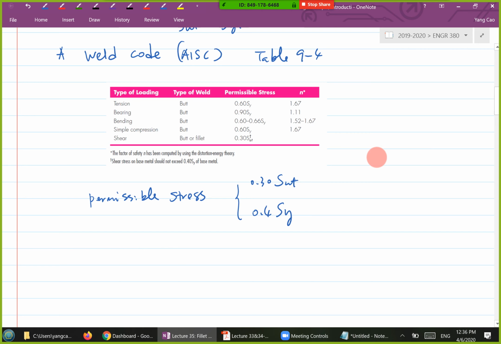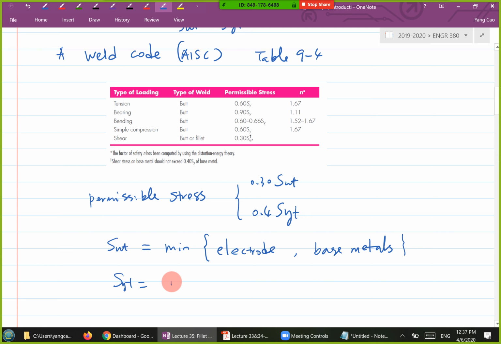So the process is, you first need to identify the SUT: find the minimum SUT from the electrode material and also from the base metal. If you're joining 2 different base metals, then you probably have two different SUTs and SYTs, right?